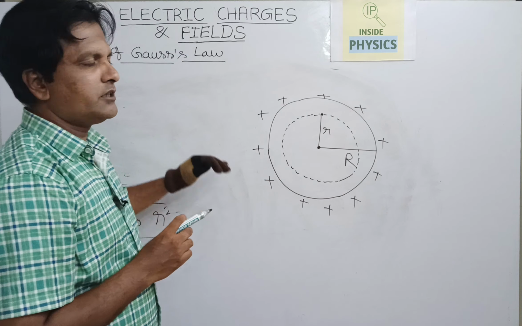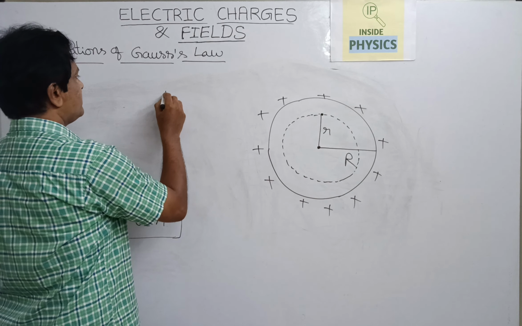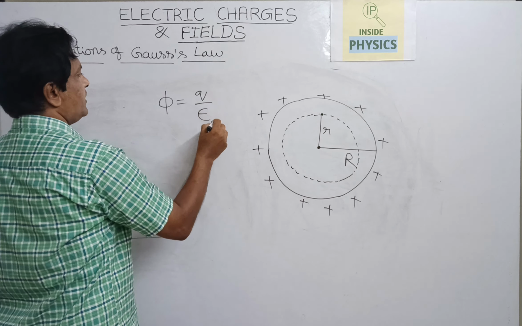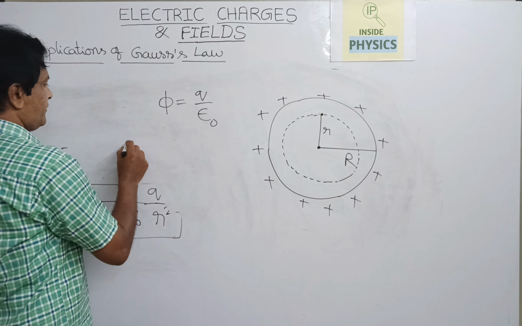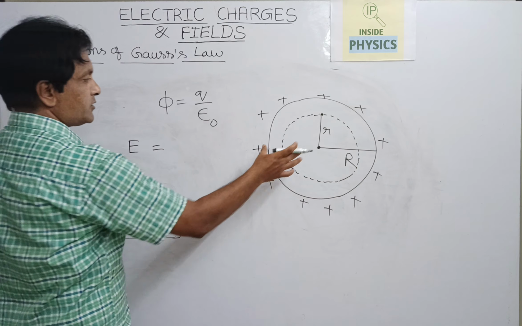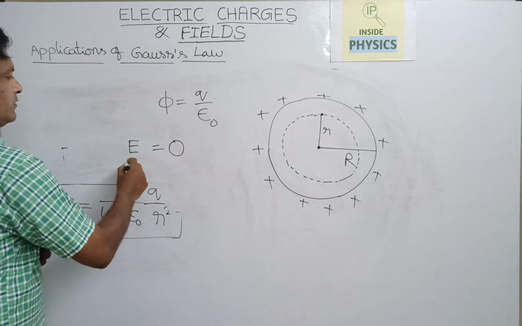So according to Gauss law, if there is no charge enclosed inside the surface, the flux will be zero according to this formula, where Q is the total charge enclosed inside the Gaussian surface. So here there is no charge inside, all the charge is outside this sphere. So we can take the electric field inside the charged sphere is equal to 0.